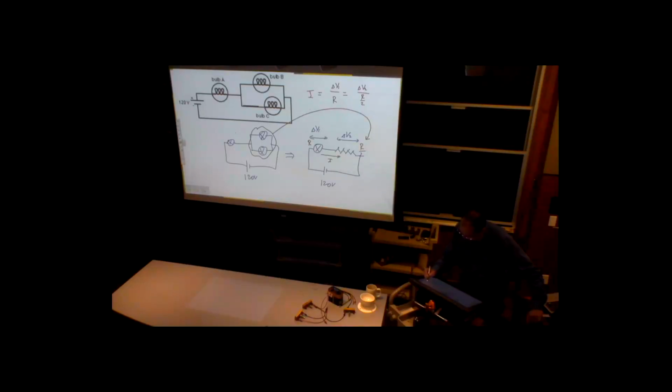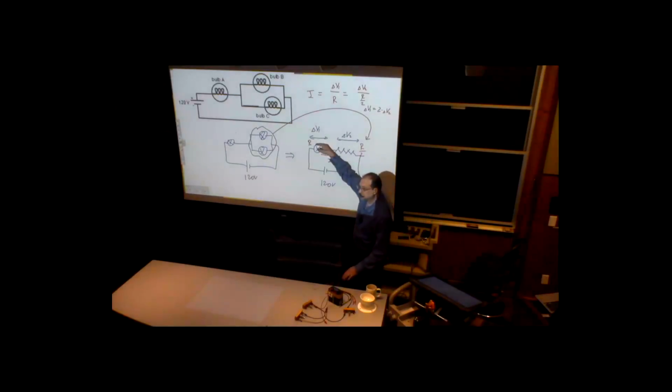Delta V1 should be twice delta V2, which actually makes sense. Twice more resistance drops the voltage twice, well, lower, we can say, if it drops.